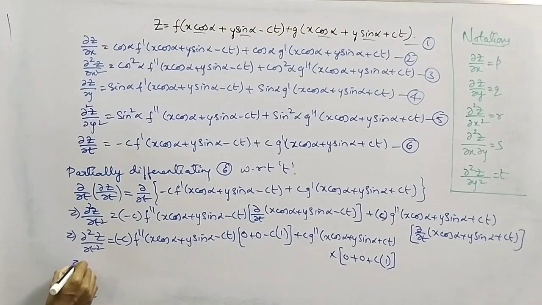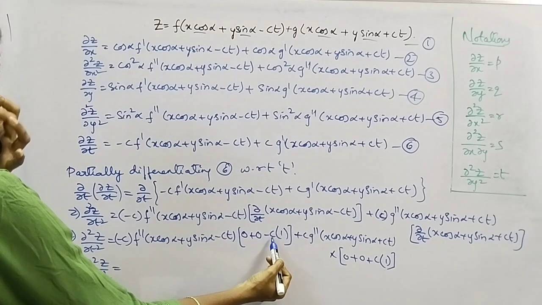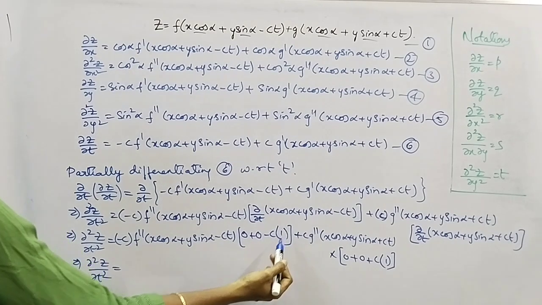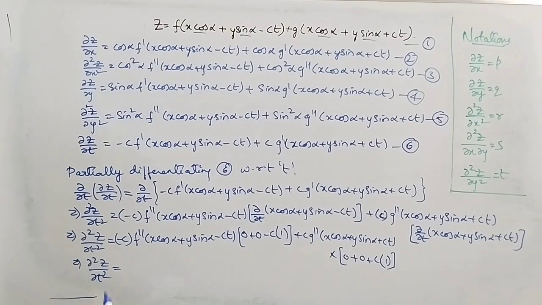Okay, this gives us ∂²z/∂t² equal to c into 1 is c. We have minus c here. 0 plus 0 minus c is minus c. Minus c into minus c, minus into minus is plus, c into c, c square. We'll get c² f double dash.